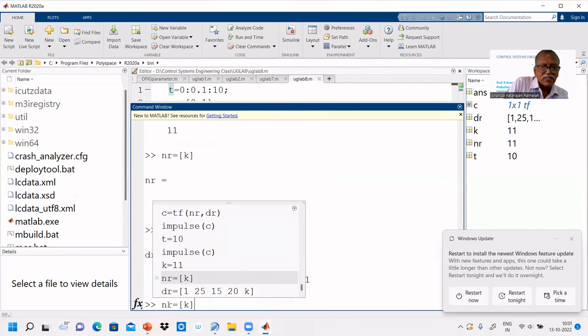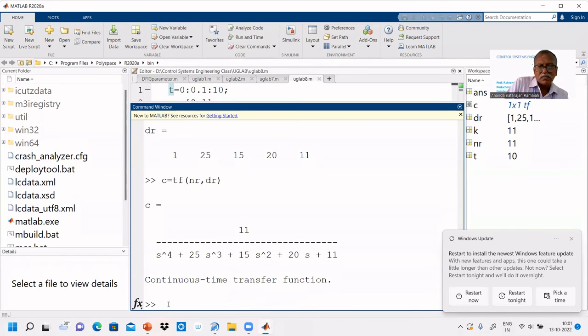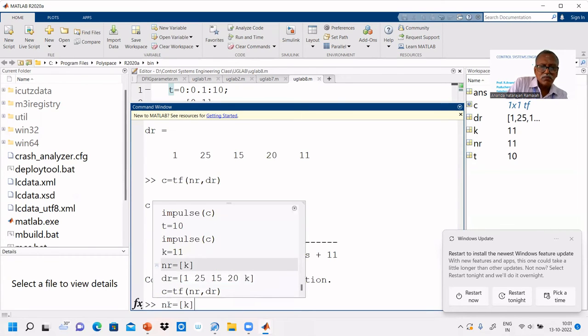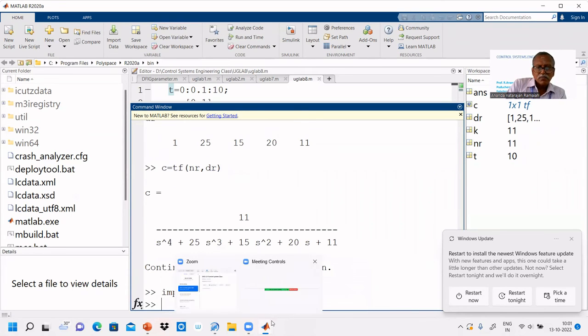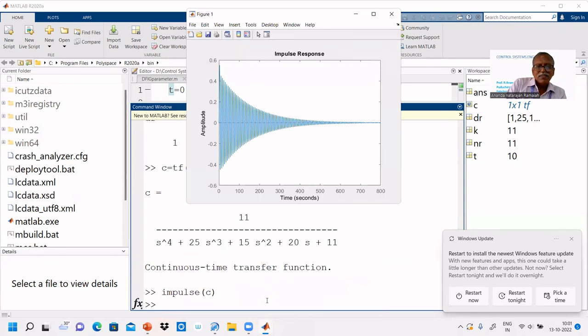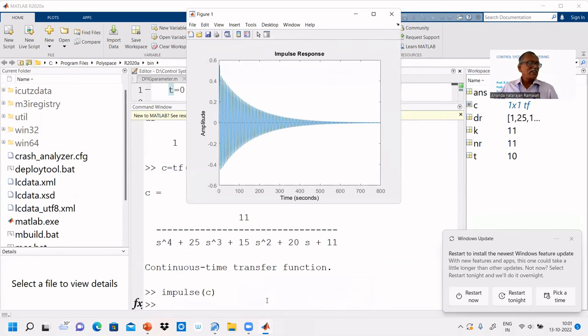Now we find the transfer function. Now the k value is less than 11.36. What happens to the impulse response? Oscillating and finally settle.